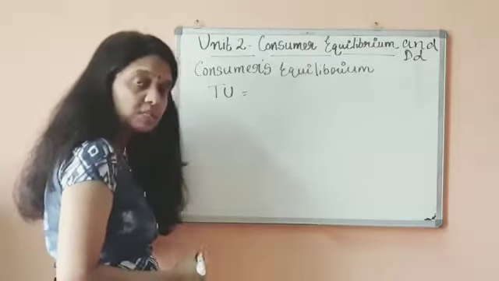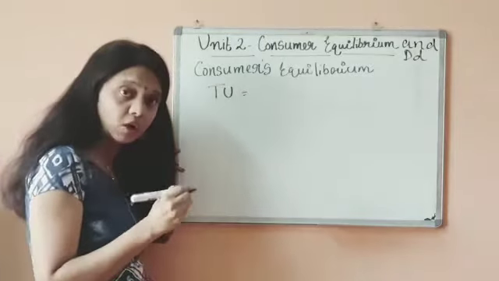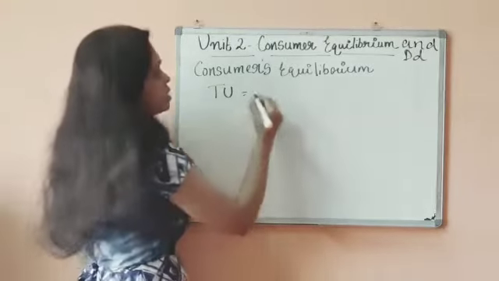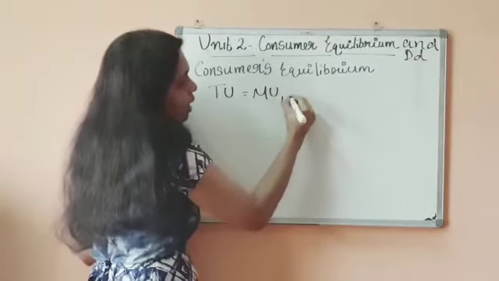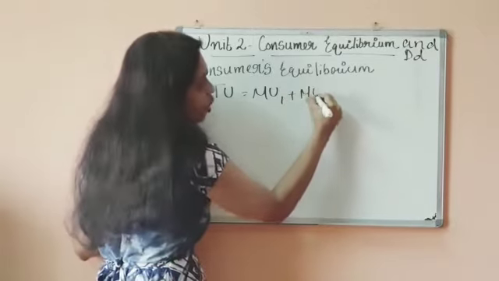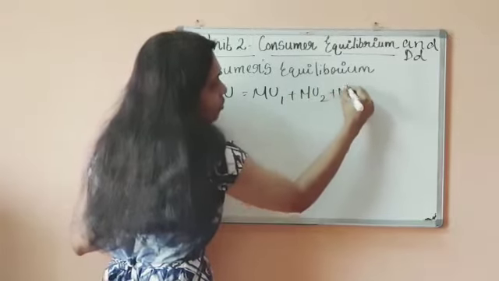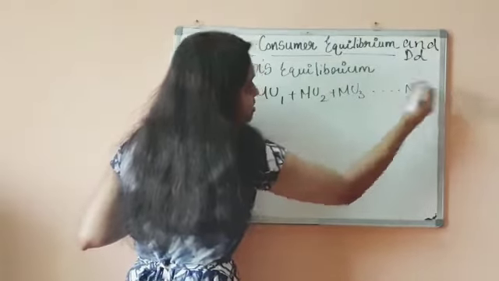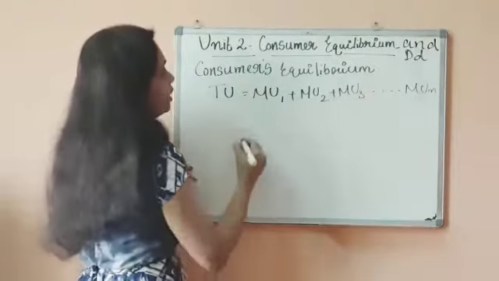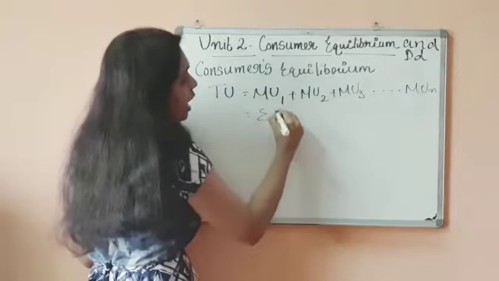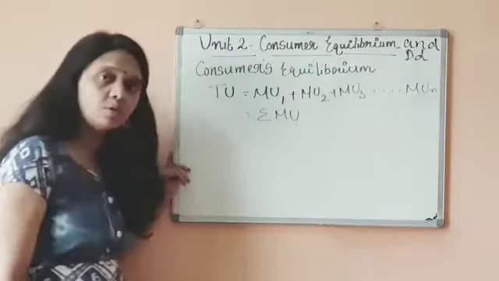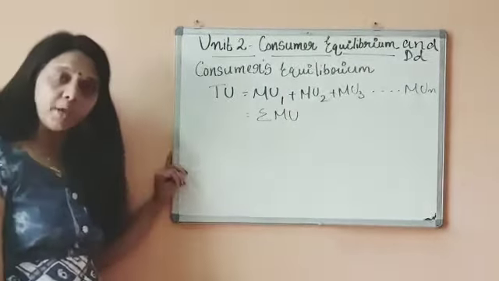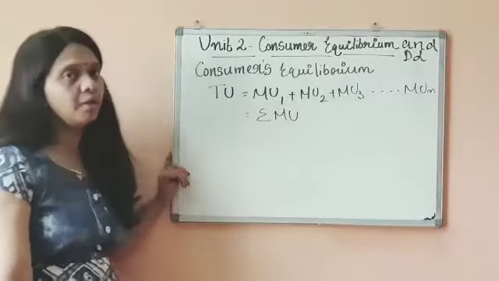TU is equal to the sum total of marginal utility, so MU1 plus MU2 plus MU3 until MUn. This is one equation. Or you can write it as TU is equal to sigma MU.